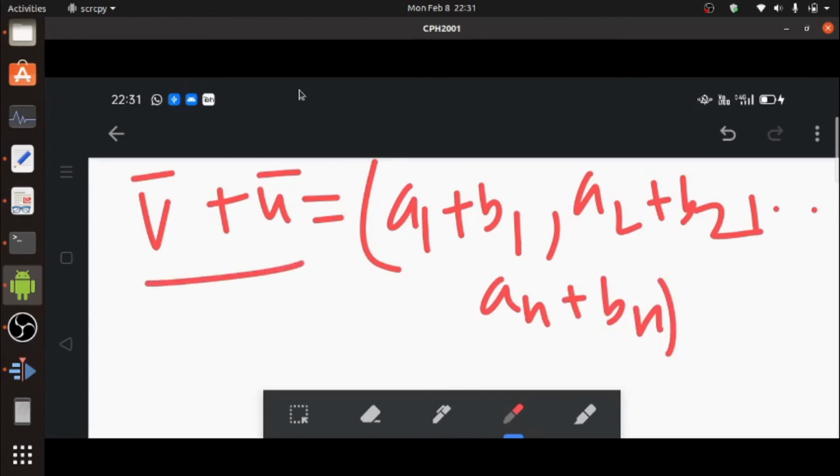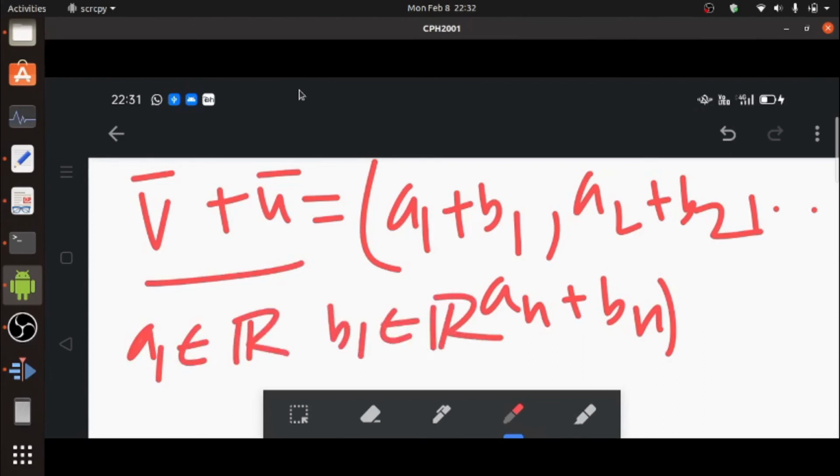Now just look at this: A1 plus B1 is also a real number. If A1 belongs to R and B1 belongs to R, then A1 plus B1 also belongs to R. For example, 1.1 plus 3.4 is 4.5, which is another real number.